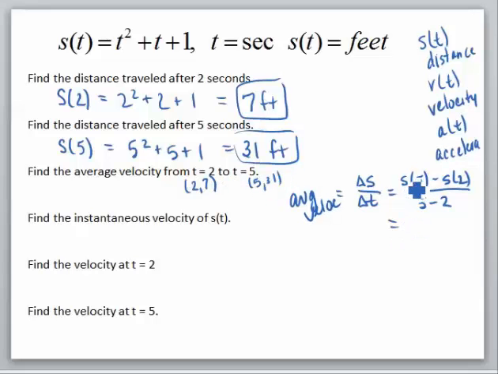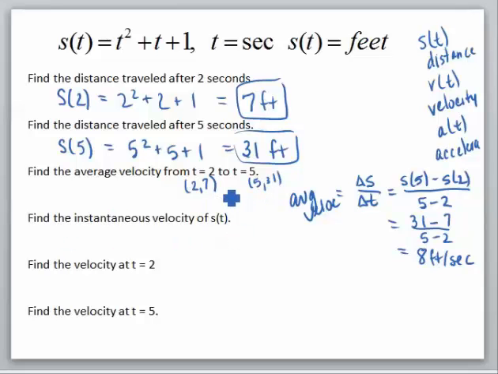We found s of 5 to be 31 and s of 2 to be 7, all over 5 minus 2. That ends up giving me 24 over 3, which is 8, and we describe that as feet per second. It's the same thing I would have done if I had just used the slope formula from Algebra 1: 31 minus 7 over 5 minus 2.